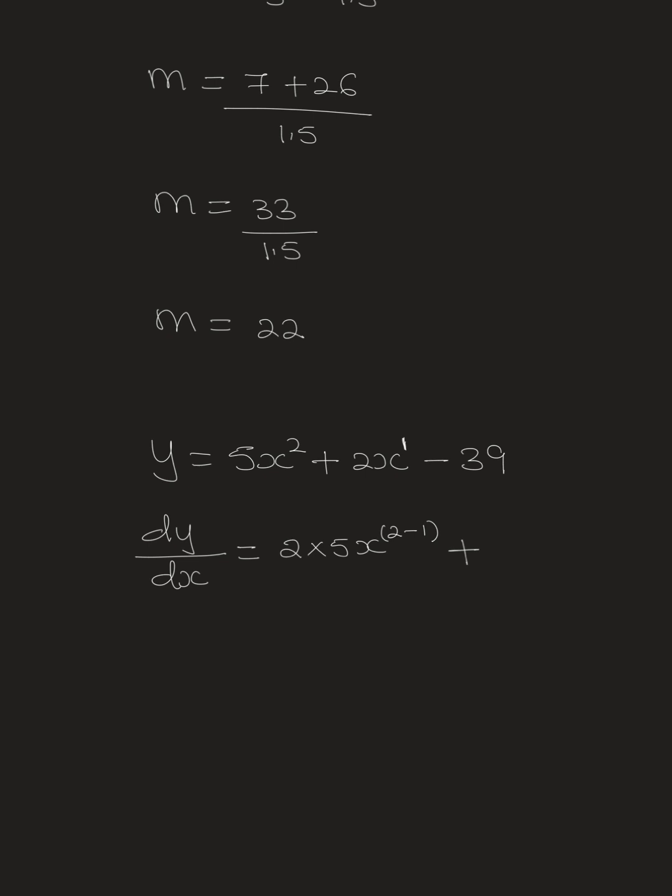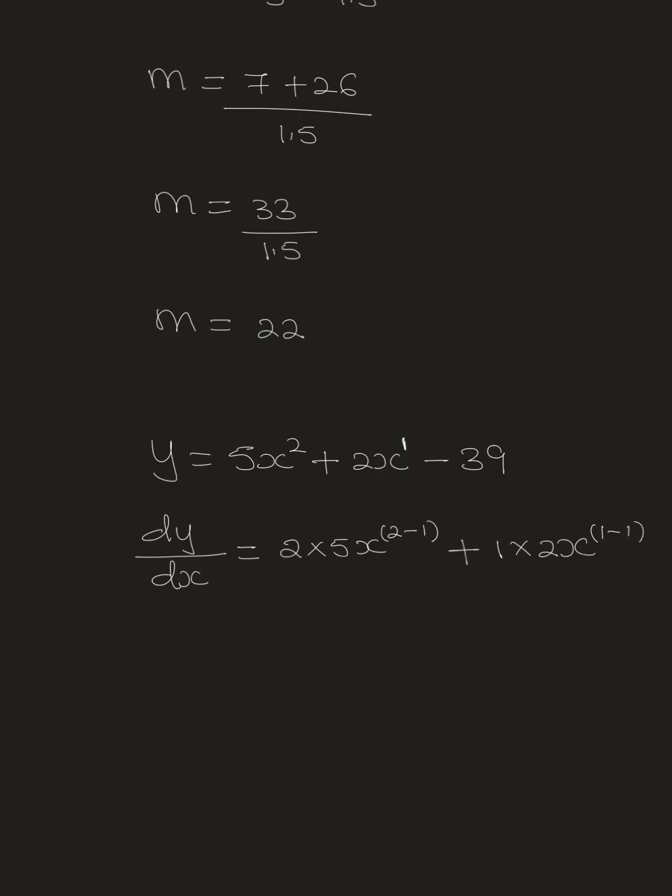So, to do the differentiation, we say 1 times 2x to the power 1 minus 1, because the power of x has to reduce by 1. For the minus 39, just forget about it, because the differential of a constant is 0.